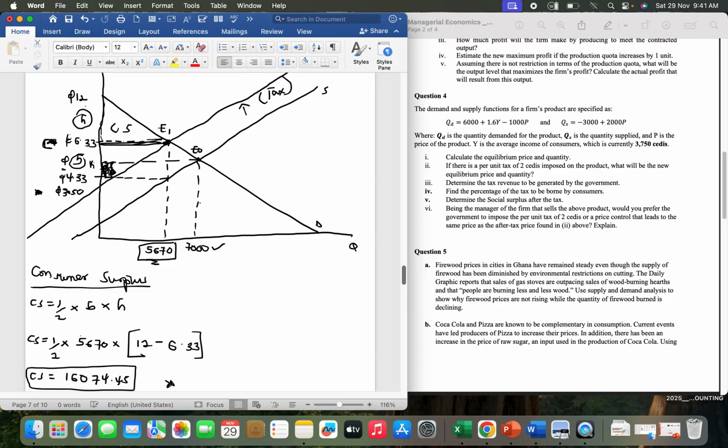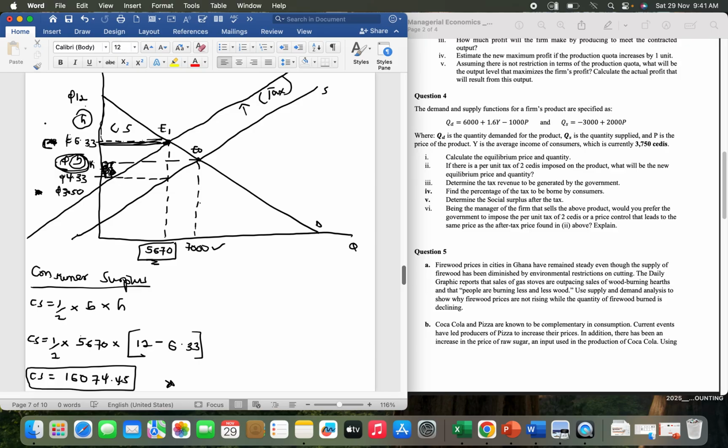This is the ceiling price. The price ceiling here is 5 cedis. That's the equilibrium price. So if you are adopting a price control, it means you are going to result in a shortage. So since we have the after tax price here to be 6.33, we would recommend the government to rather impose tax so that the government will be able to get revenue, and the producer will also be able to make profit.